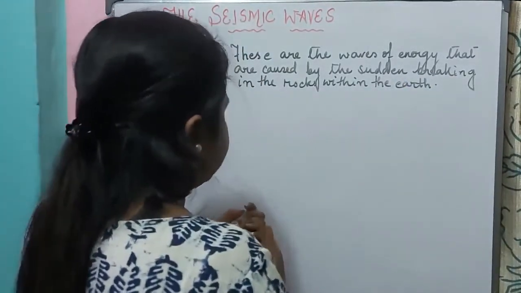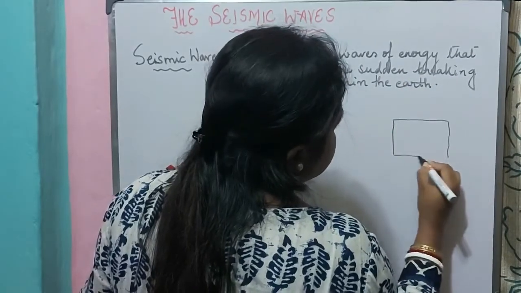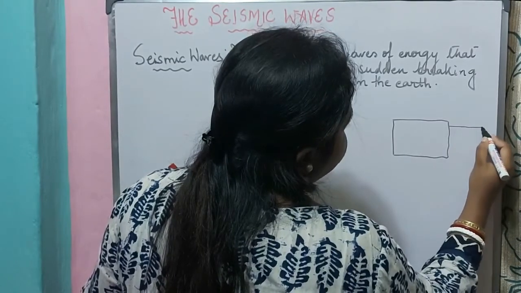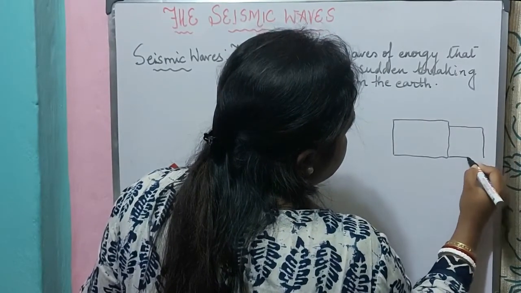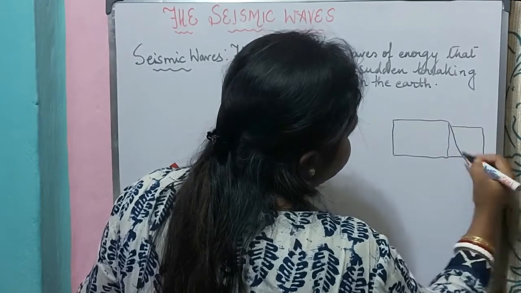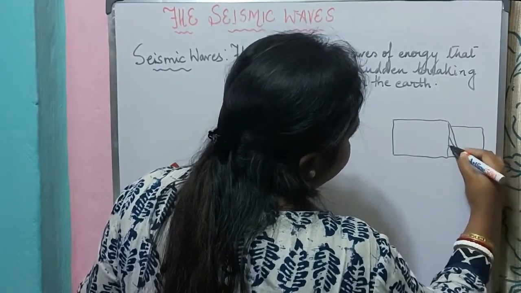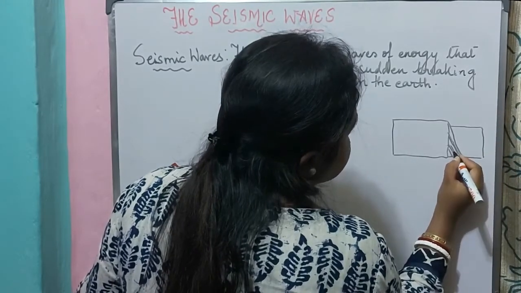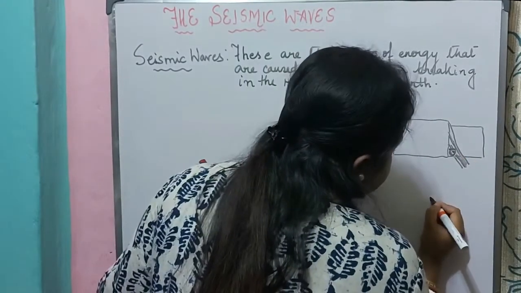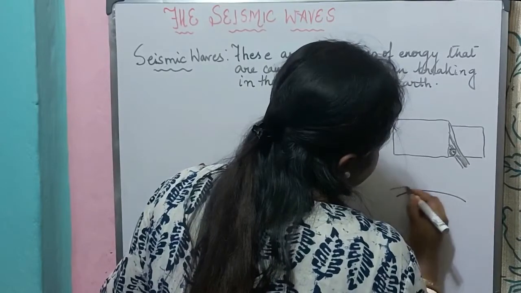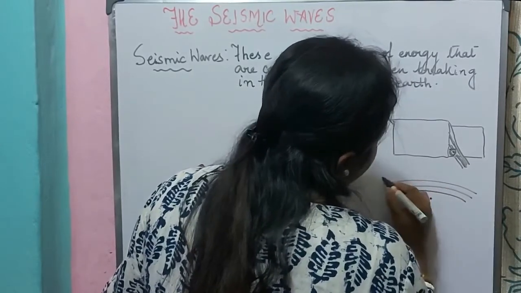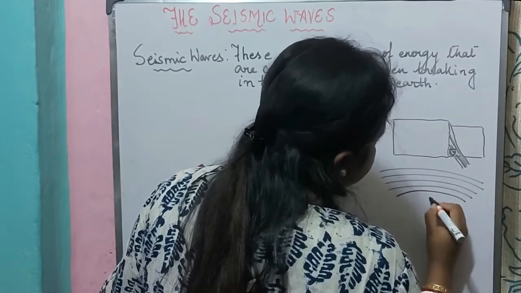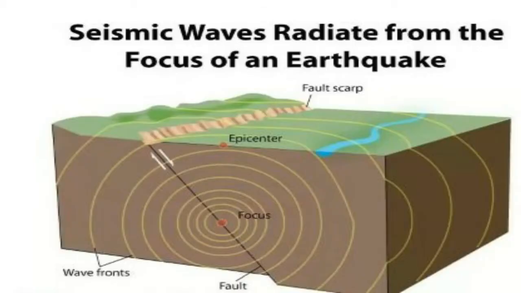We've already discussed the fault, that there is a fracture, and this fracture, that is a sudden breaking of rock, creates energy, and this energy travels in all directions. These are known as the seismic waves.